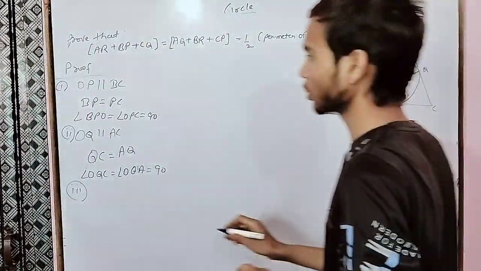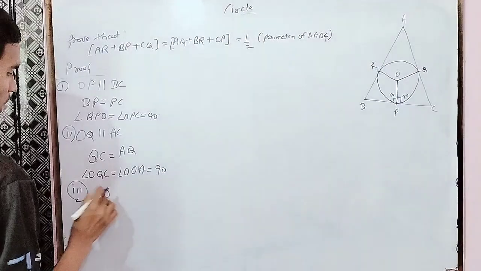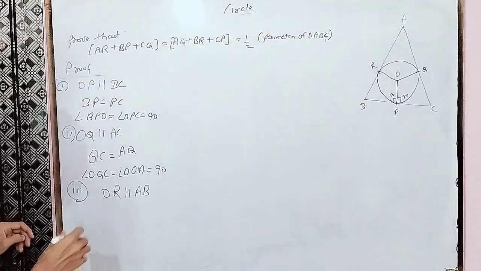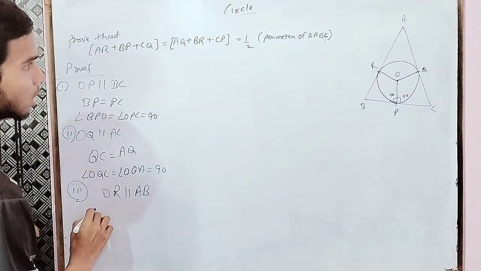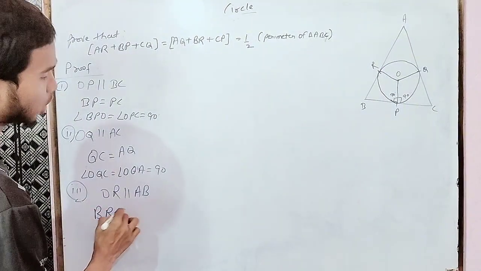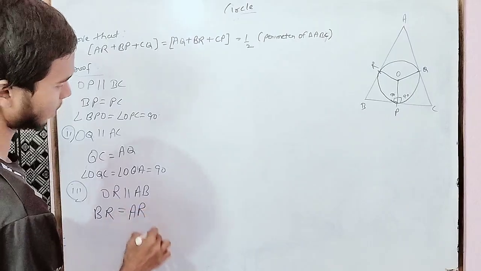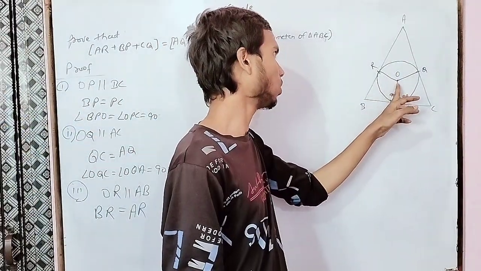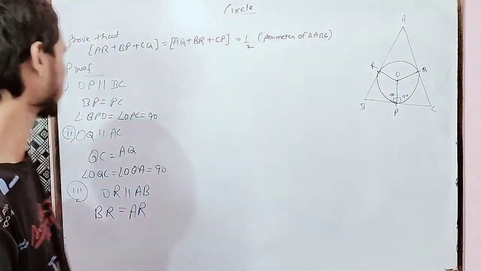Now OR is perpendicular to AB, in which BR is equal to AR. So the measure of this side is equal to the measure of this side, because OR is bisecting AB.